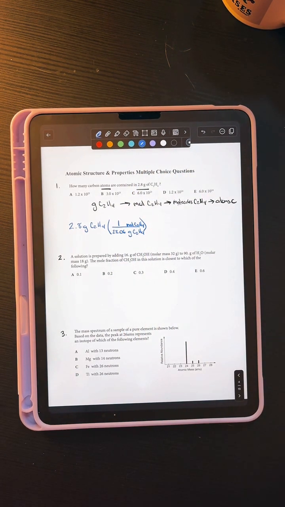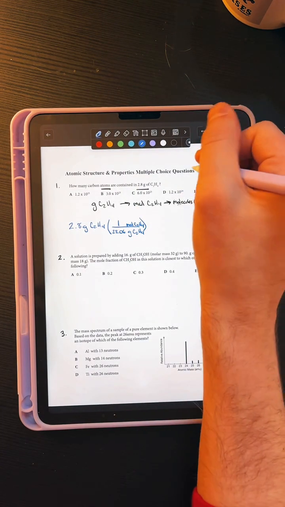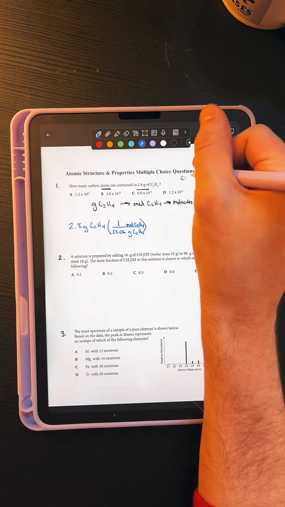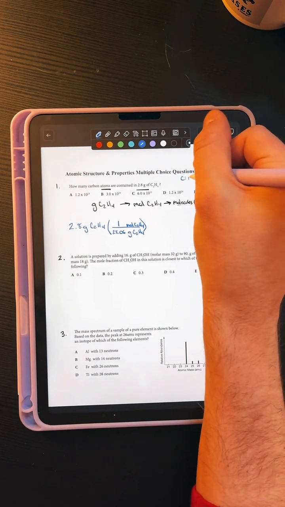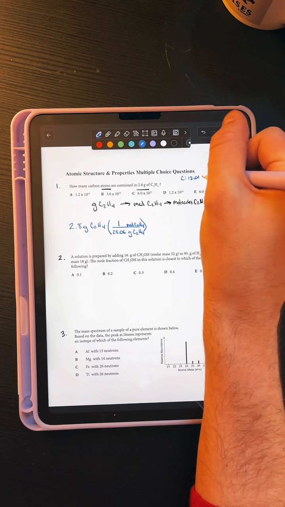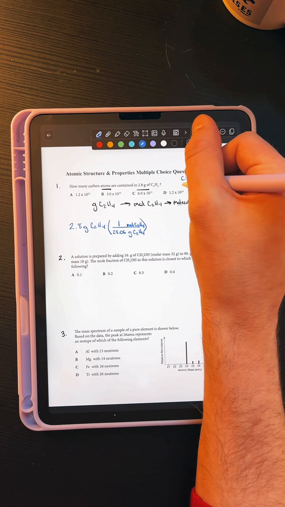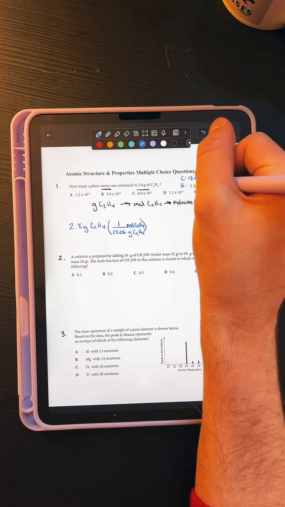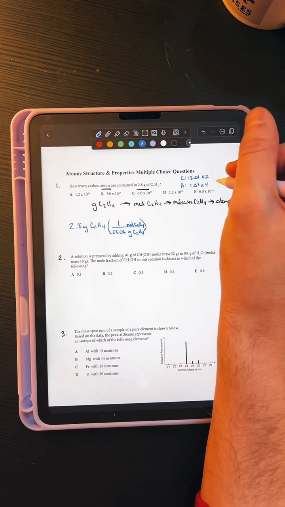But how did I get that 28.06? Well, I looked on the periodic table. Over on the side here, we have carbon. The atomic mass of carbon is 12.01, but we have 2 of them, so we multiply that by 2. For hydrogen, the atomic mass is 1.01, but we have 4 of them.